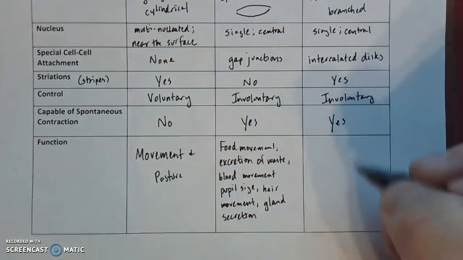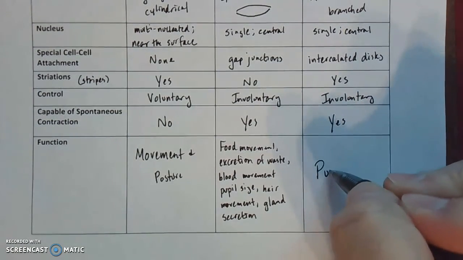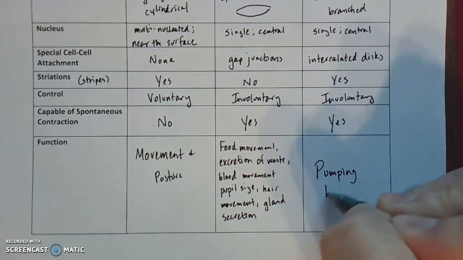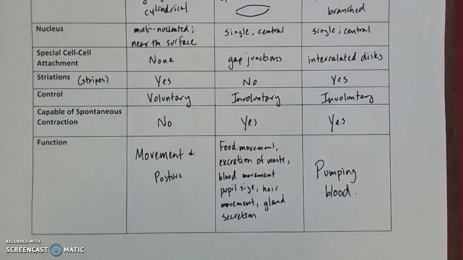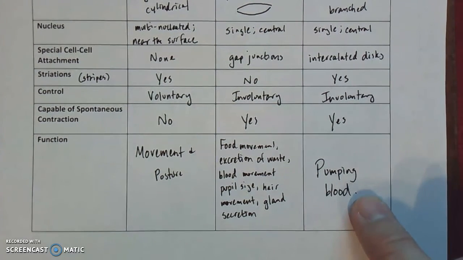And basically the function of cardiac muscle, pumping blood. That's its basic sole purpose, is to pump blood to keep nutrients and waste flowing in the body. One of the most vital functions of anything in our body.